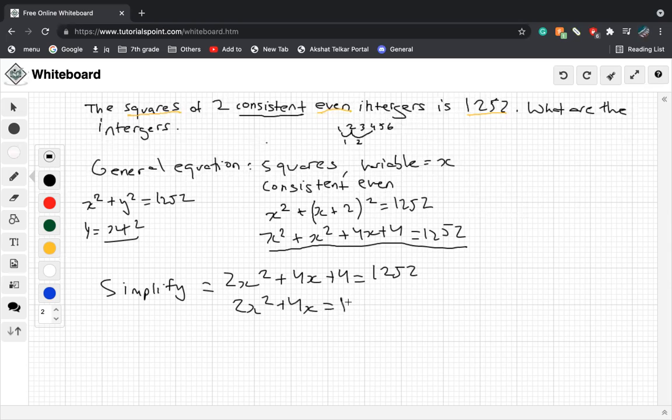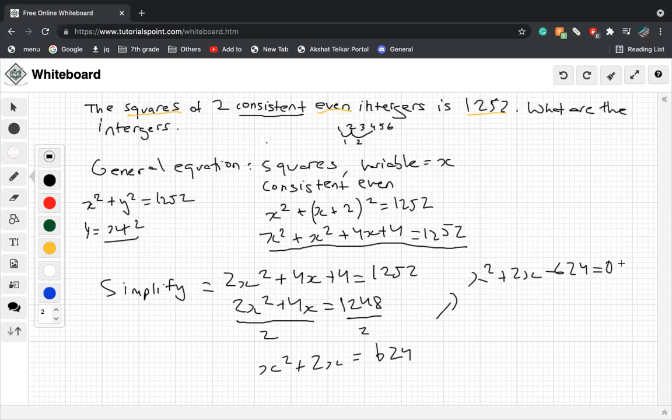I'm going one by one just so you can notice everything that's going on. Now you can divide each side by 2, giving you x squared plus 2x equals 624. Come back around: x squared plus 2x minus 624 equals 0, okay?